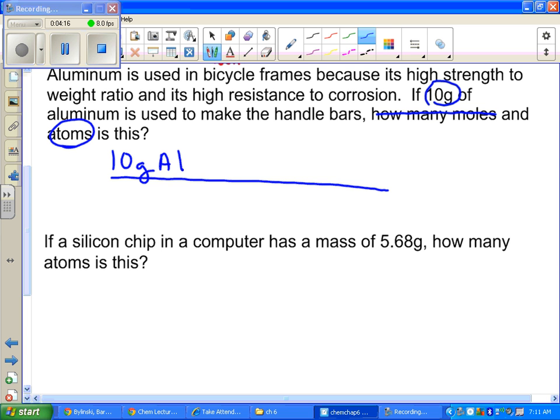Draw your scheme. Now I'm starting with grams. If gram is the top value, gram needs to be the lower value here so that it can cancel. And where do you find the grams of aluminum? You find that on the periodic table. When I look up aluminum, I'm seeing 26.98.